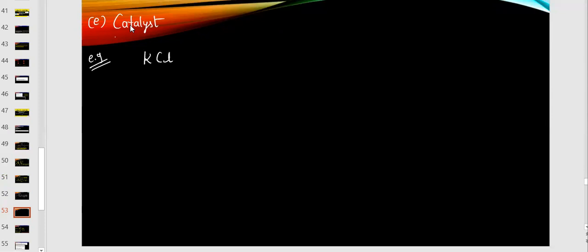Here, let me take one example. Potassium chlorate, KClO3. This triangle symbol, the delta symbol, means you are going to give heat to it. Then KCl, potassium chloride, plus oxygen.